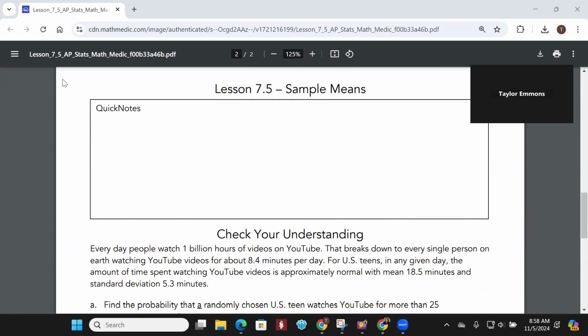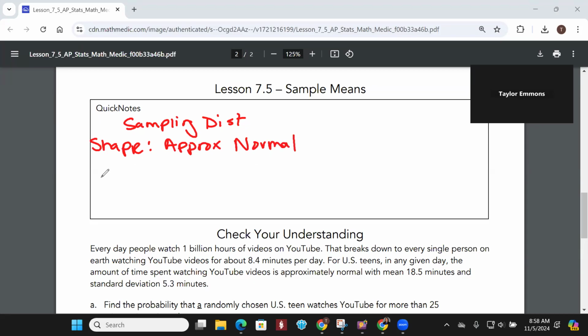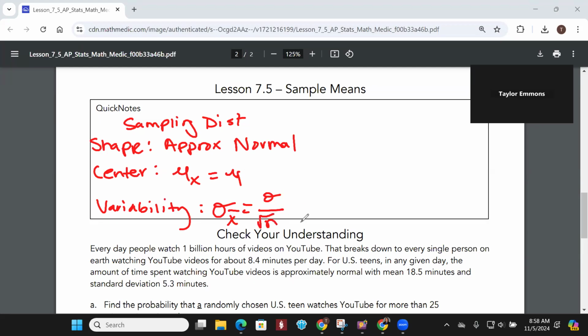All right, so we talked about sampling distribution. And we talked about the shape. This is going to be approximately normal. The center is going to be mu sub x bar, which is just mu. The variability is sigma sub x bar, which is sigma divided by square root of n.